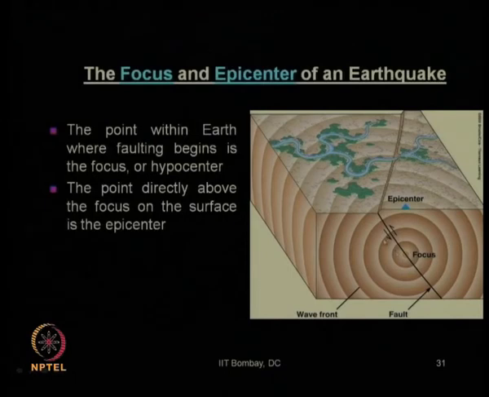This is the focus, this is the fault, these are seismic wave fronts, and the vertical projection on the ground will be the epicenter. The point within the earth where faulting begins is called the focus or hypocenter, and the point directly above the focus on the surface is called the epicenter.